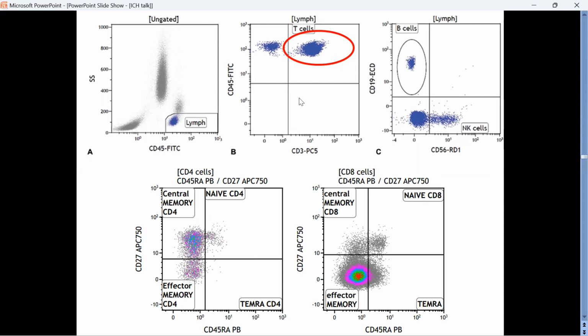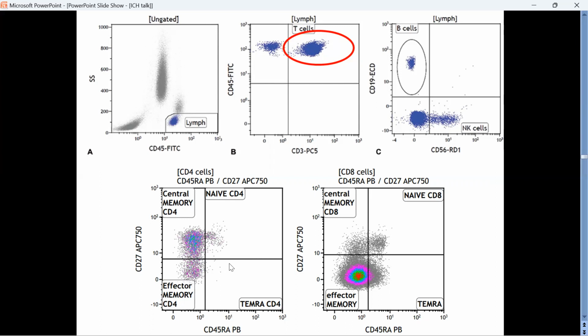But in conditions like leaky SCID or atypical SCID, or also in Omenn syndrome, what happens is that these T cells are defective, they are abnormal, they are self-reactive, and they are always in an activated state. So these T cells show more of a memory phenotype, and the naive cells will be completely absent or reduced. You see here, the naive cells are reduced compared to the memory cells.